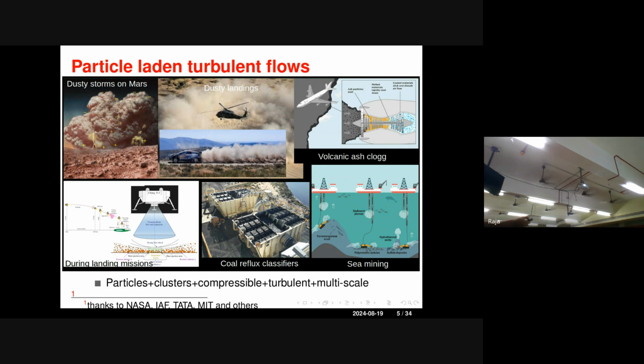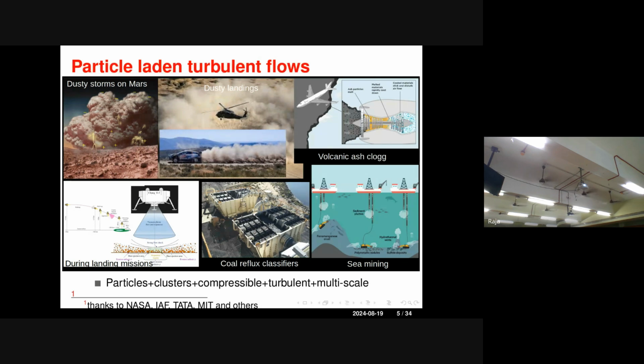Similarly, landing in dusty environments, possibly racing, or planes moving through volcanic eruptions, where particles accumulate in gas turbine engines. Possibly moon landing missions: particles are always present in the system.